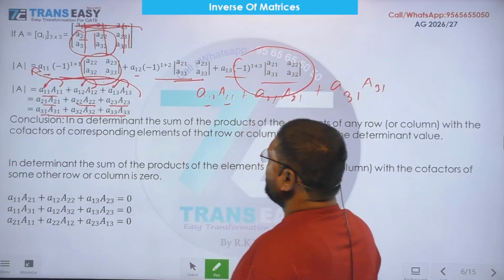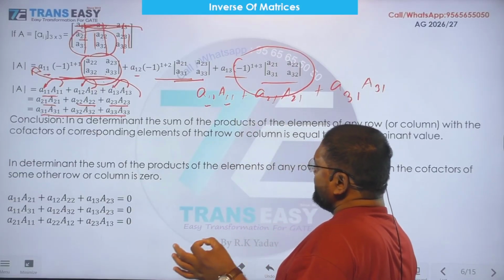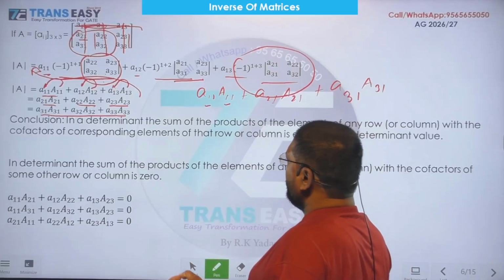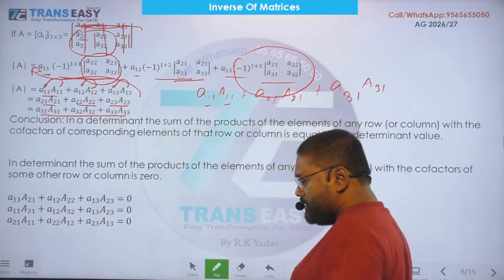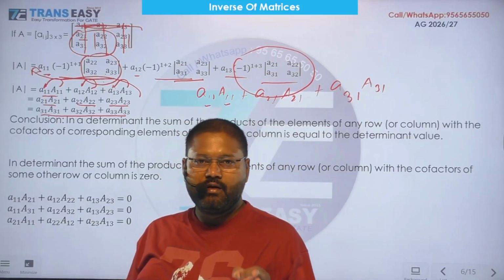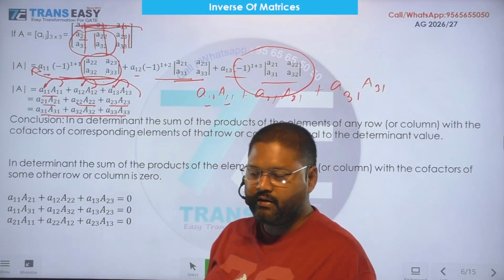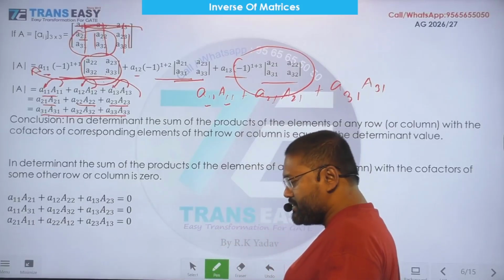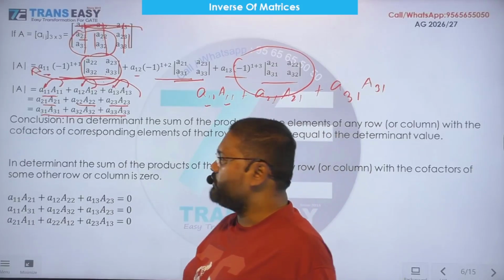All elements of a single row or single column multiplied by corresponding cofactor, taking their sum gives the value of determinant.